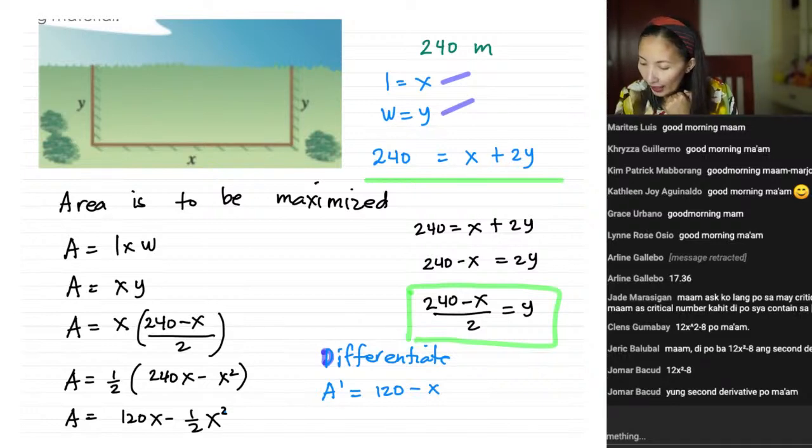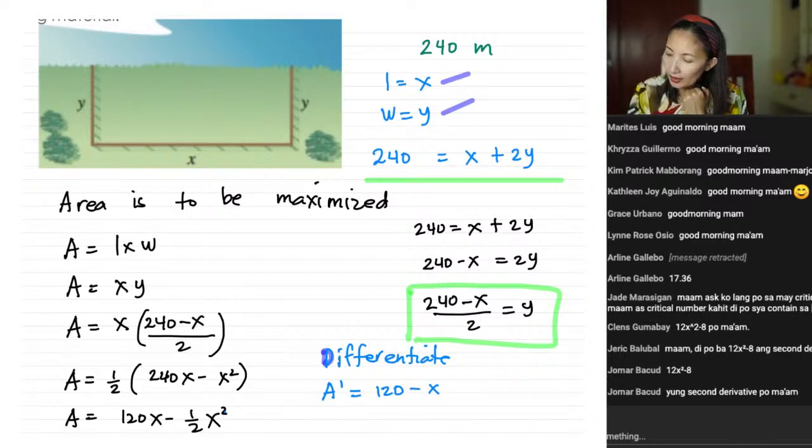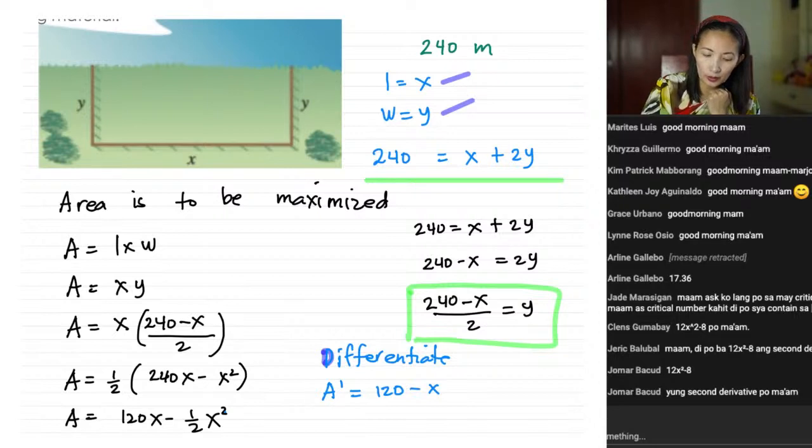How about 1/2? Oh, we failed to include 1/2. Okay, it's fine. From here, 240x divided by 2 is 120x, and then x squared over 2, or 1/2 x.